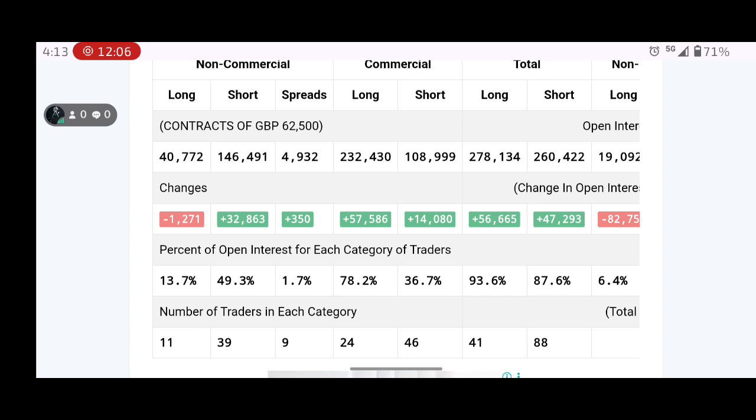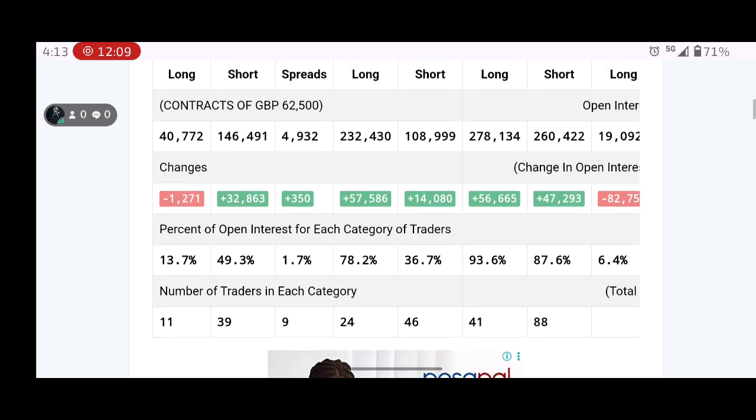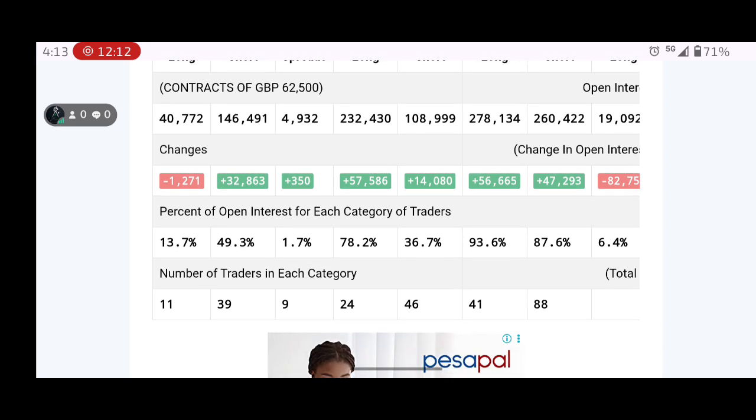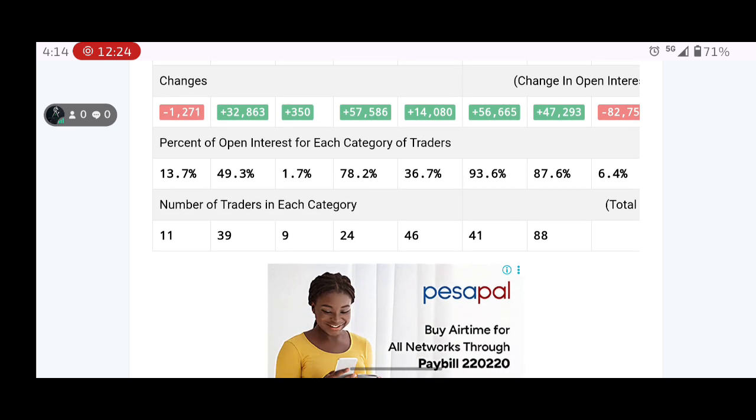The spread doesn't matter, but what matters is how heavy. You can see on the short side we are 32k, on the long side we are 1k negative, showing that the sellers are in control. The percentage matters too.